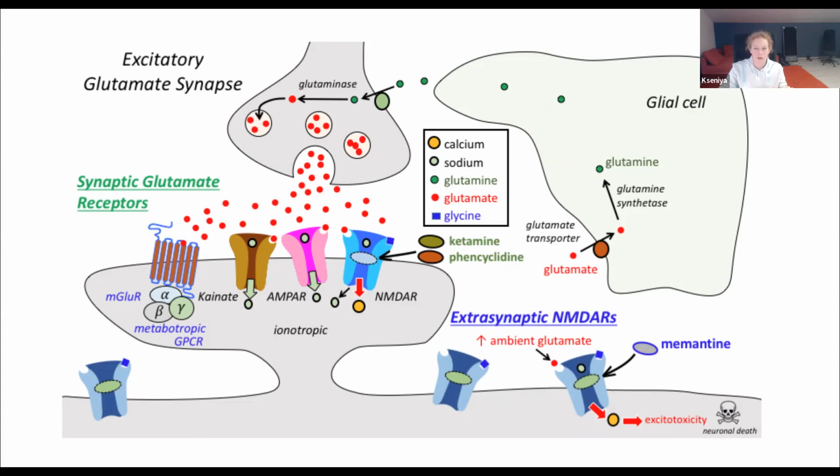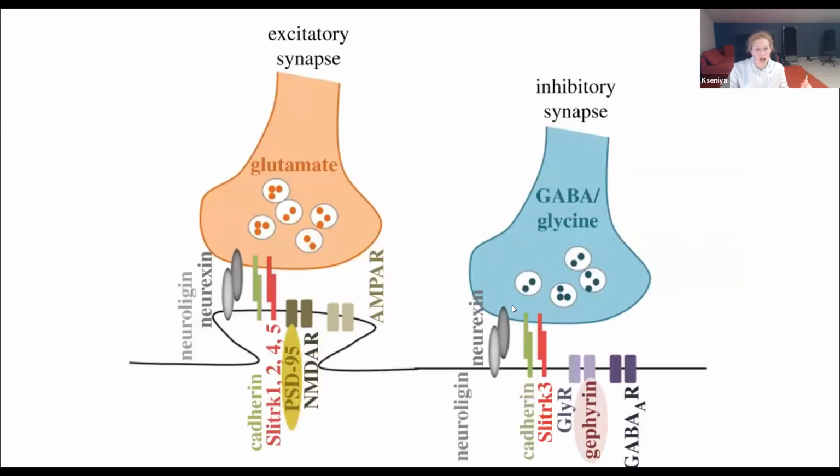In addition, AMPA and NMDA receptors, both of them are for sodium, but only NMDA can pass calcium. So in general, synapses are not simple.